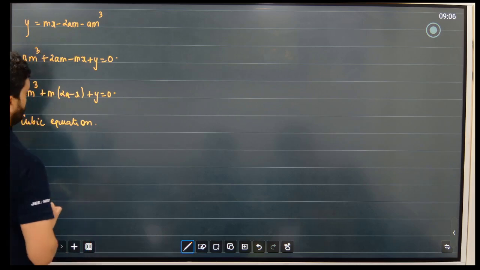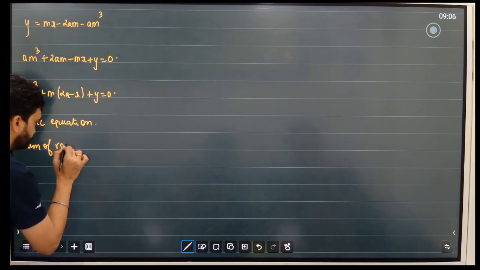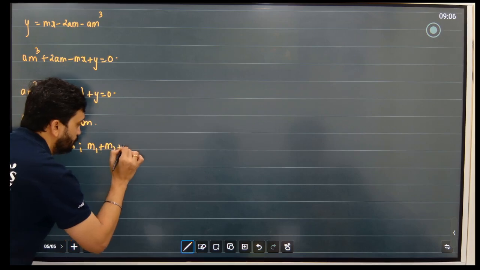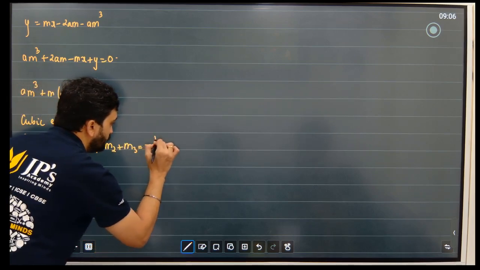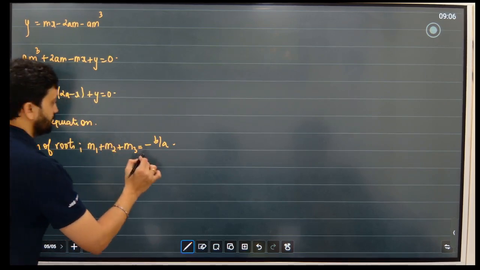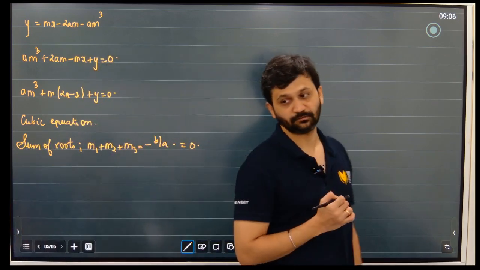For a cubic equation, the sum of the roots, that is m1 plus m2 plus m3, is equal to minus b by a, which becomes 0 because there is no m square term.